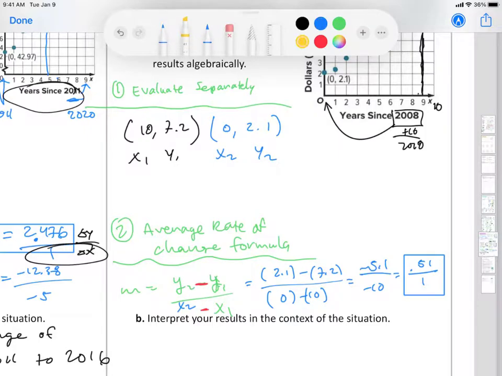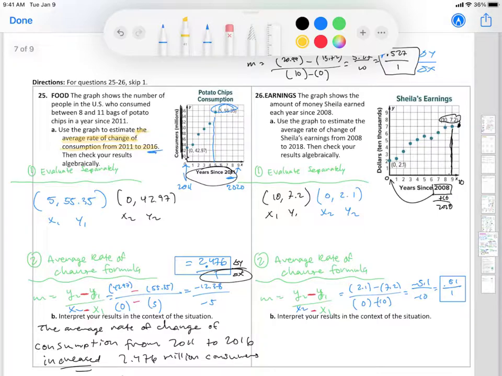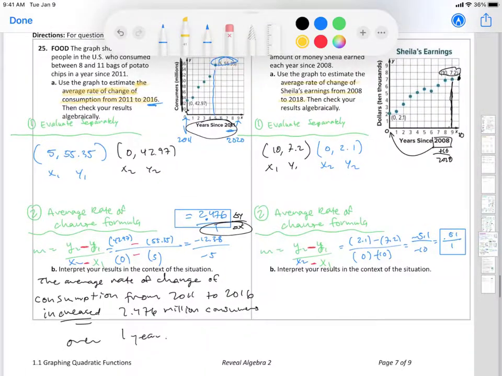Let's go ahead and highlight the sentence we're going to use. We're turning the question into part of our answer, as part of context. The average rate of change of Shyla's earnings, which I forgot, from 2008 to 2018, the slope is positive, so increased 0.51, $10,000.